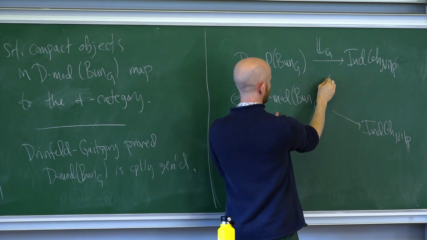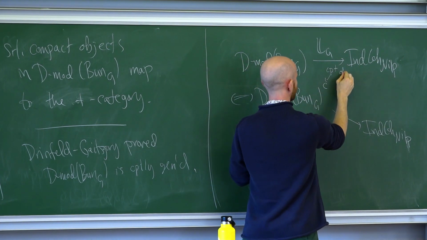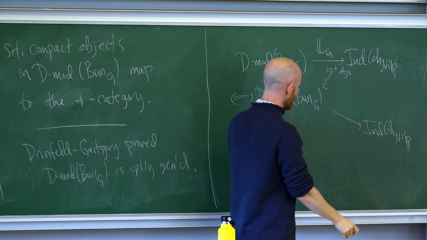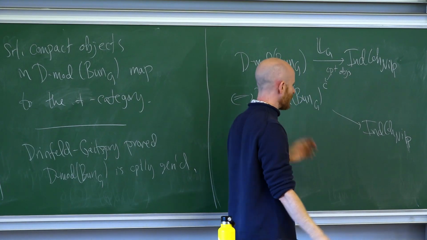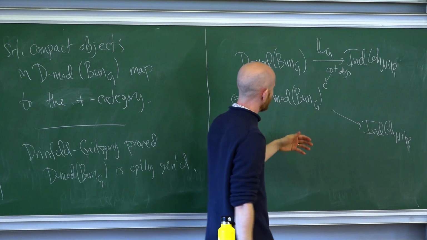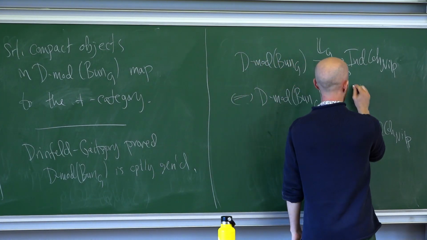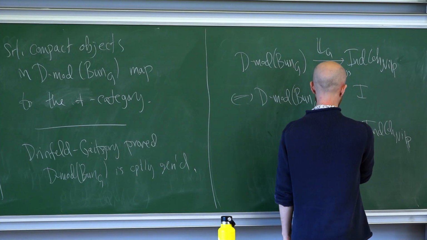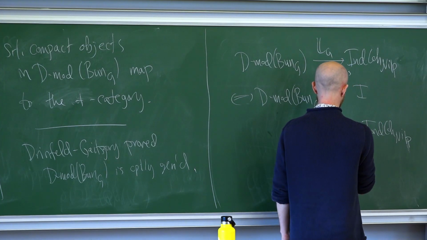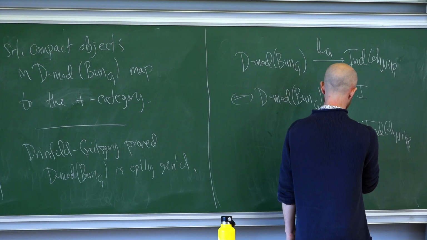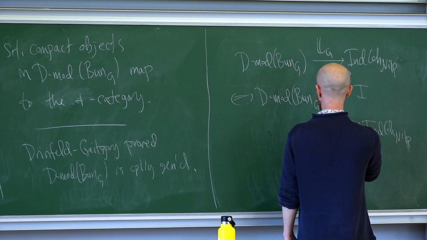So these are the compact objects for me. Just by ind-extending, that's the universal property of how compactly generated categories work. So this is the restriction.